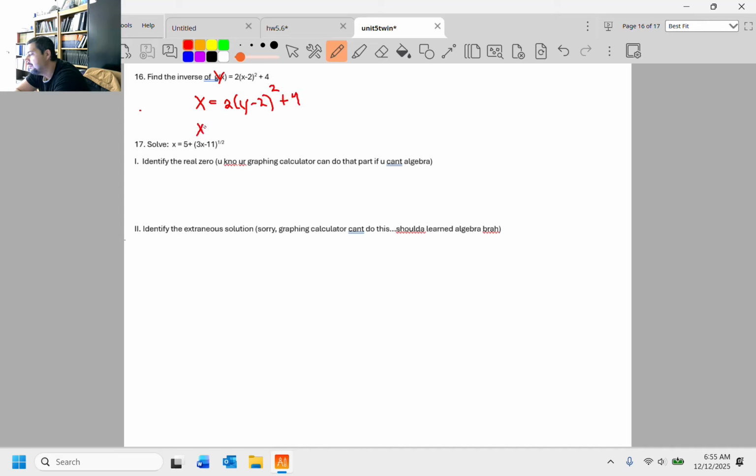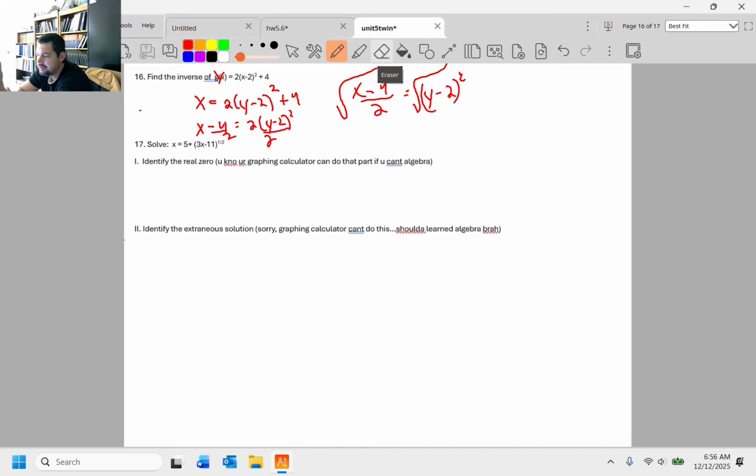We're going to subtract 4. The opposite of multiplication is division, so we're going to divide both sides by 2. The opposite of a square is a square root. We're not going to do anything with that expression on the left-hand side.